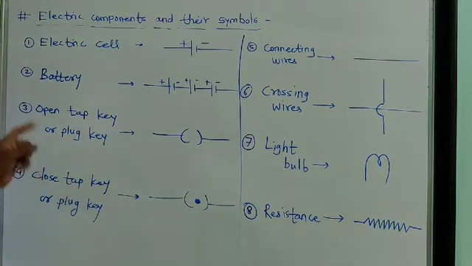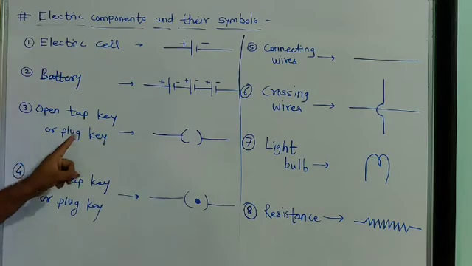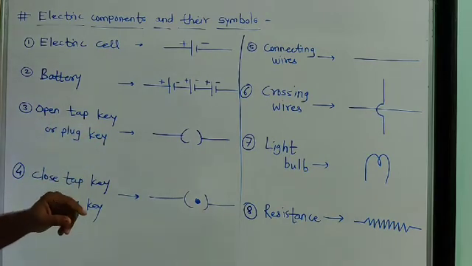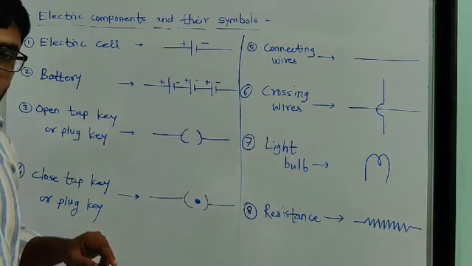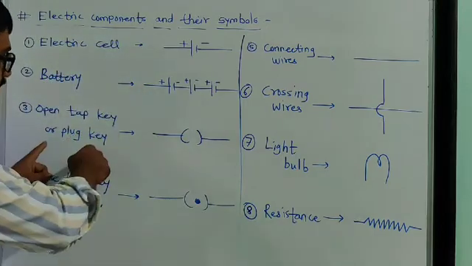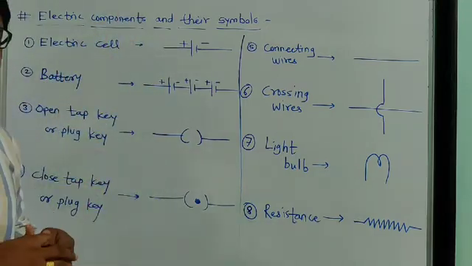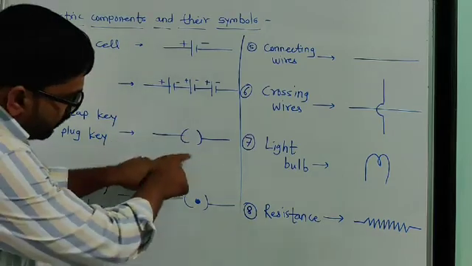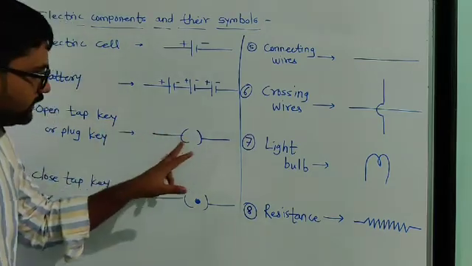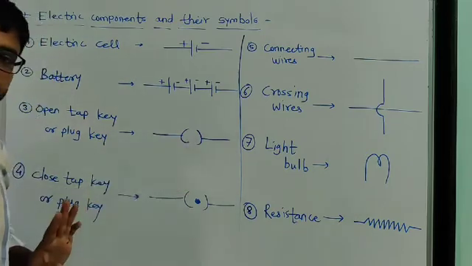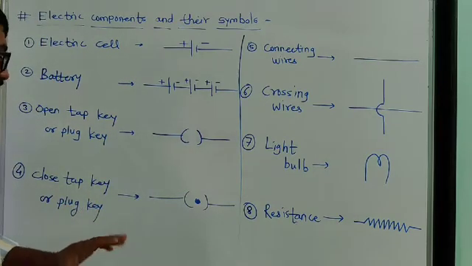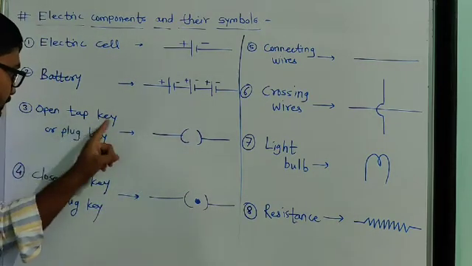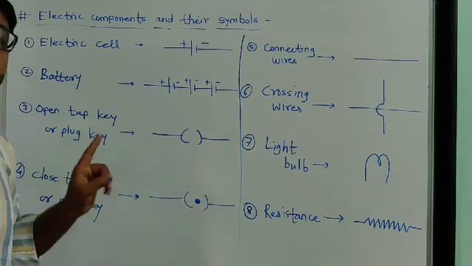So next is the open tap key or plug key. Or simply we can say a button. We can compare this with the button present on an electrical board. If such a symbol is present in an electrical circuit, it means it is an open tap key or open plug key.